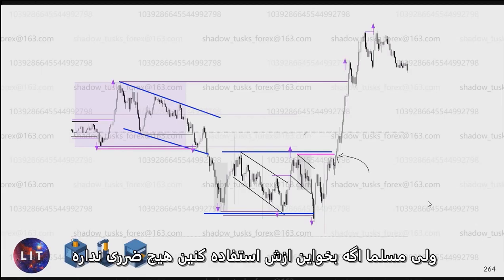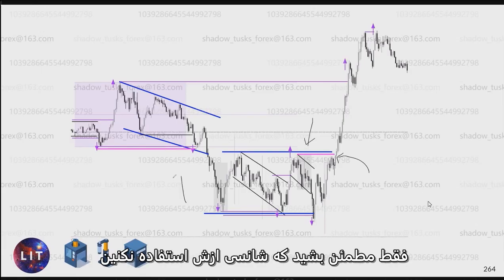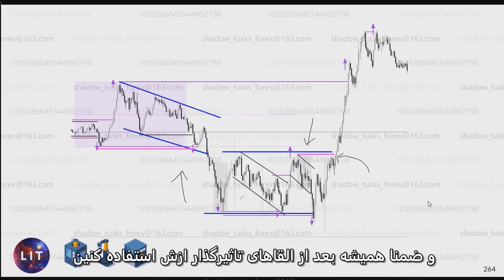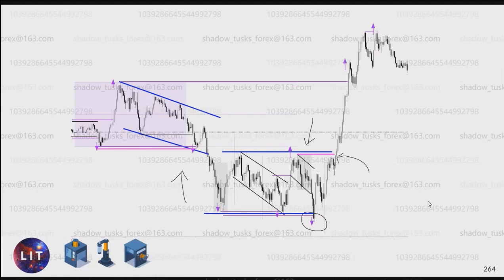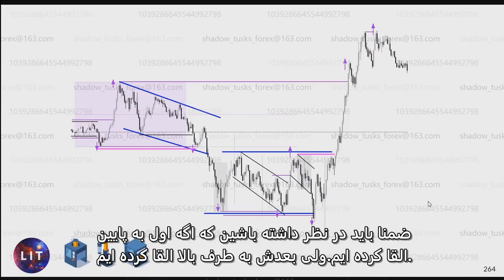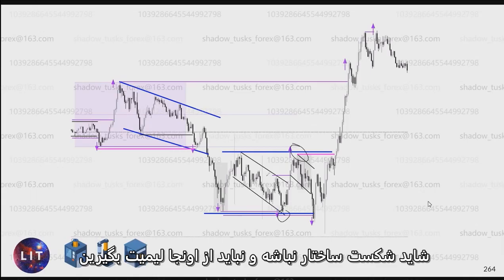But obviously, if you want to use it, there's no harm. Just make sure that you're not randomly applying it, and always apply it after significant inducements. You've also got to consider, if we've induced to the downside, but then we induce to the upside, maybe this is not a break of structure and you should not take a limit from here.